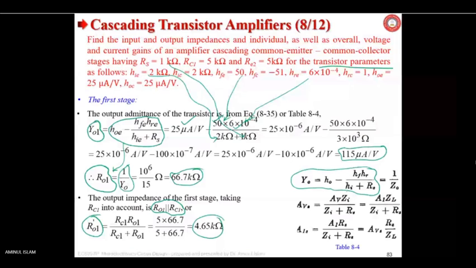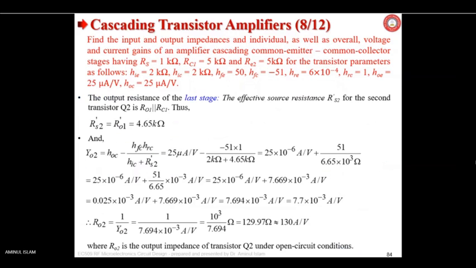Yes, sir. Could you understand which part I am talking about? RO1 prime is related to Q1 so far. We have not yet connected any speaker or Q2. If you connect RC1 also, the output resistance of the last stage is the effective source resistance.